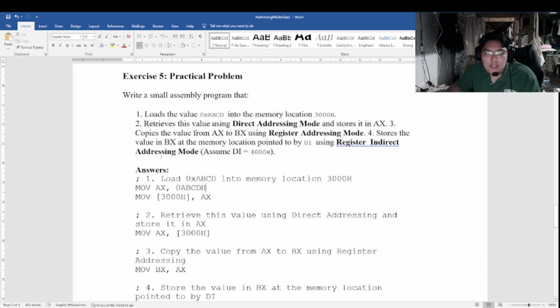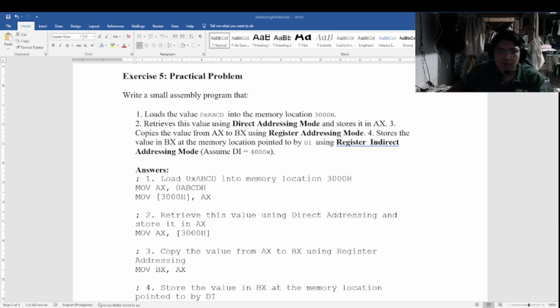So first, number 1, where I have to load the value 0xABCD into memory location 3000H. And the program that I wrote here is MOV AX, 0ABCDH and MOV [3000H], AX.